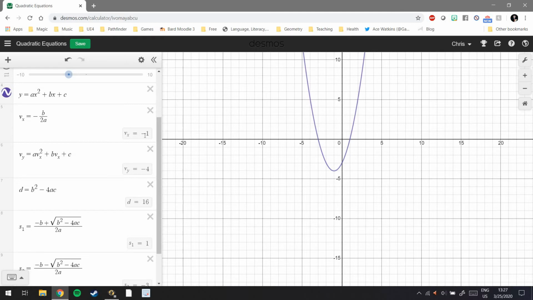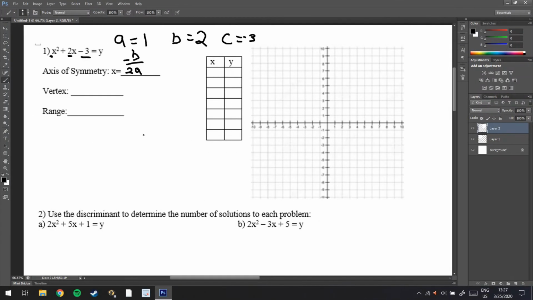And on the right, it tells us what our axis of symmetry is. So if I go back, my axis of symmetry is equal to -1. So now in my table, I know my middle point, the x, will be -1.